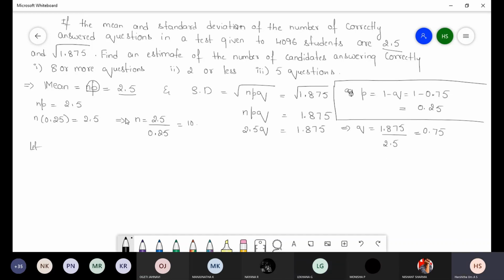Here we have to write, let X denote the number of correctly answered questions.